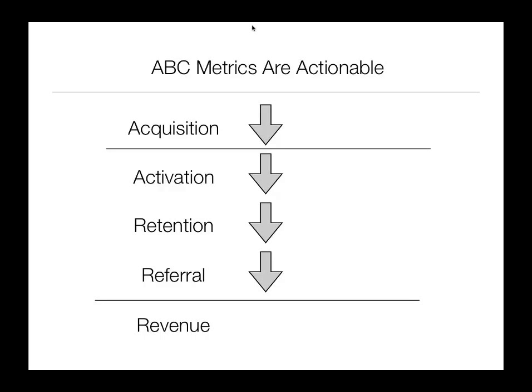So ABC metrics, the acquisition, where do people come from? We're going to look at the reports that help you understand traffic and visitor sources. The behavior, what people do on the site, we'll look at activation. So are people actively engaged with the content on your site?